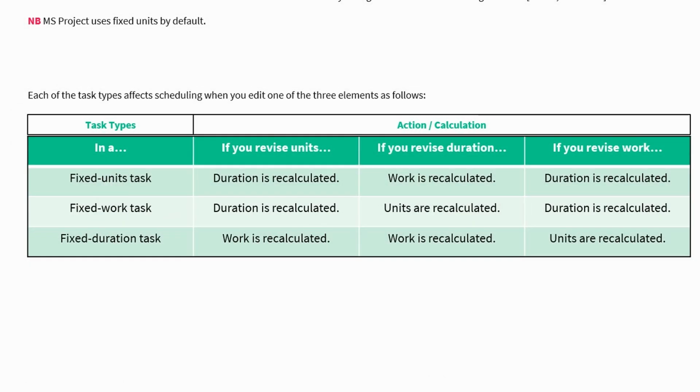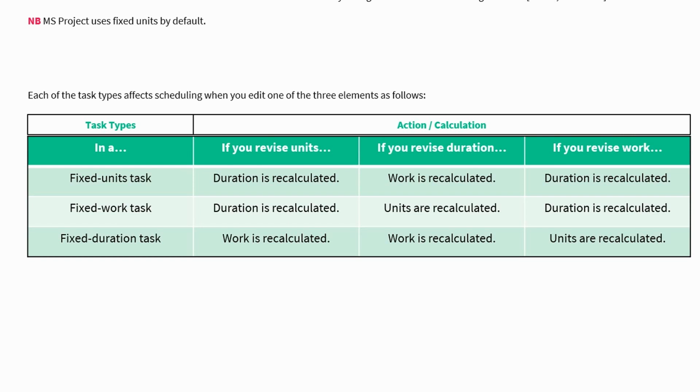If you look at the task types here, you've got fixed units, fixed work and fixed duration. For a fixed unit task, if you revise the units, then the duration is recalculated. If you revise the duration, then the work is recalculated. And if you revise the work, then the duration is recalculated.